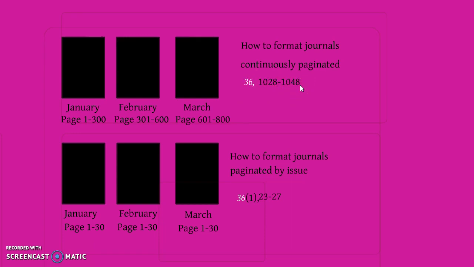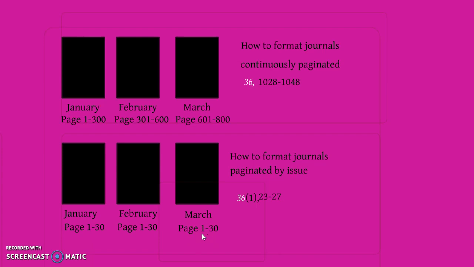Now, if something is paginated by issue, this means when each issue comes out, so for example, we have January, February, March again. For January, it goes page 1 through 30. But when February comes out, it also is page 1 through 30. So instead of continuing one line of page numbers, it starts over every issue that comes out.